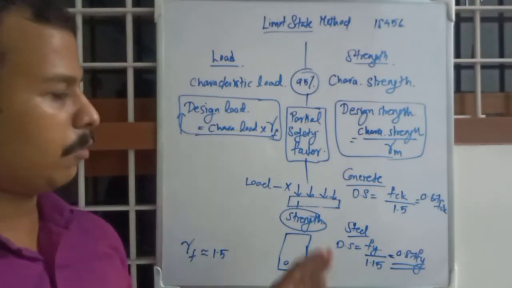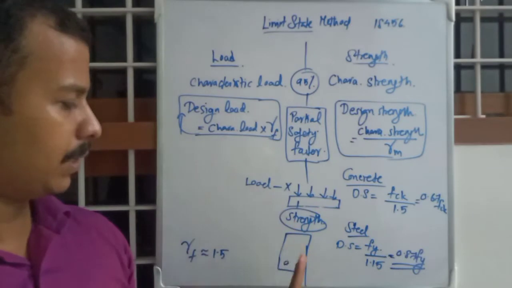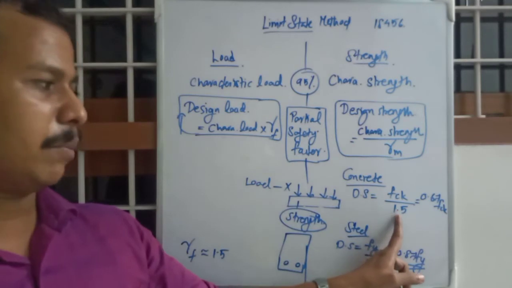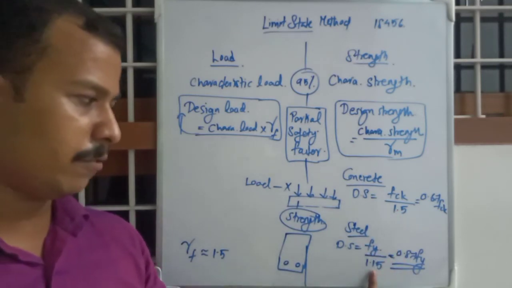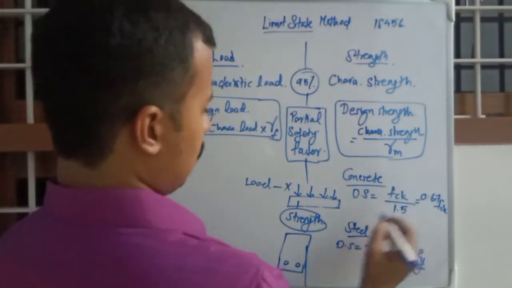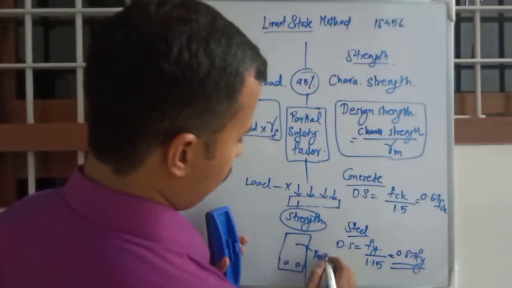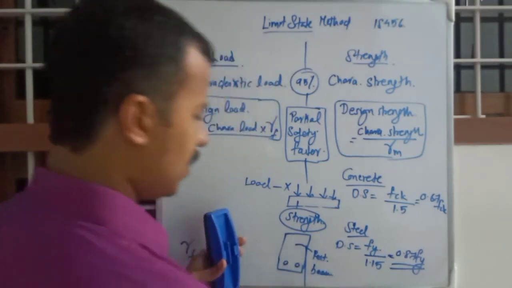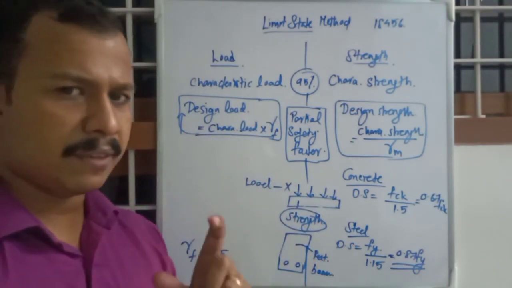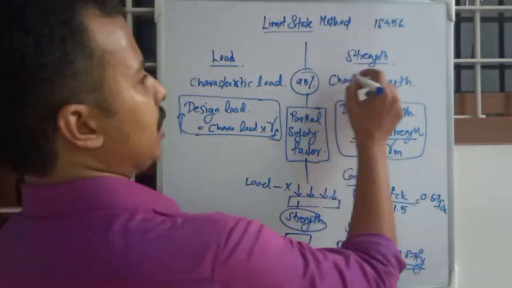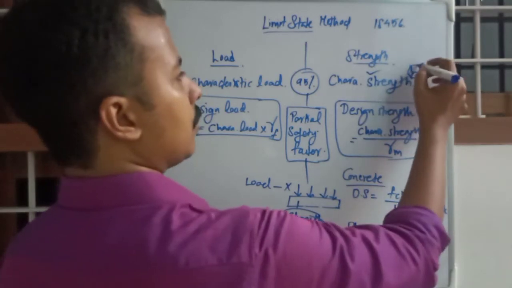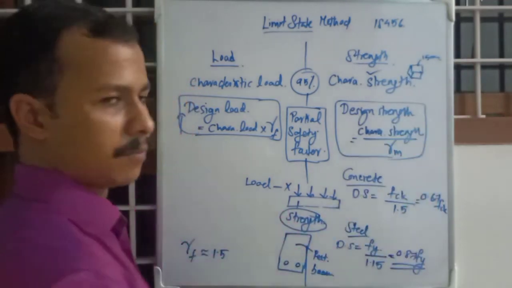I hope it's clear. We have only two materials, steel and concrete, in an RCC beam, and you will divide each with its partial safety factor: 1.5 for concrete and 1.15 for steel. And one more minute point, as it is a rectangular beam, it will be a different shape. It should be noted that whenever we check the characteristic strength, it is on a cubical shape of 15 centimeter, as you remember.